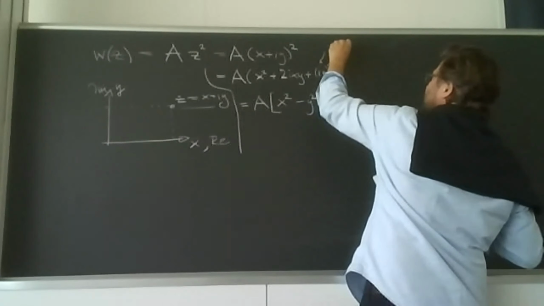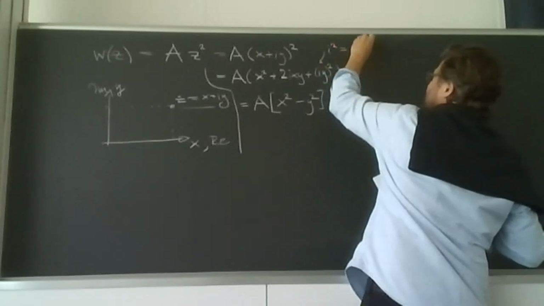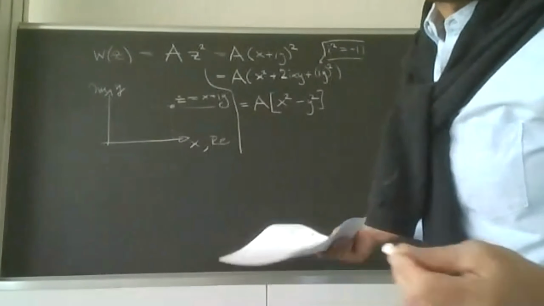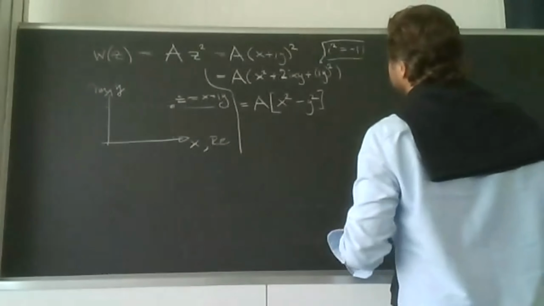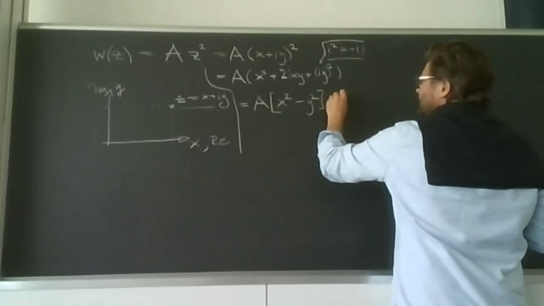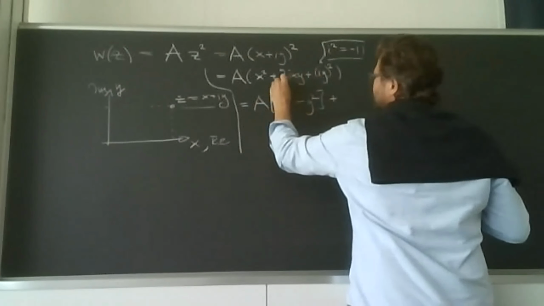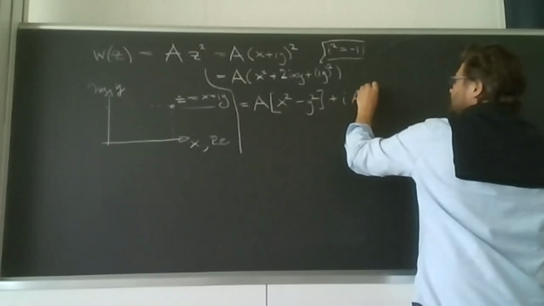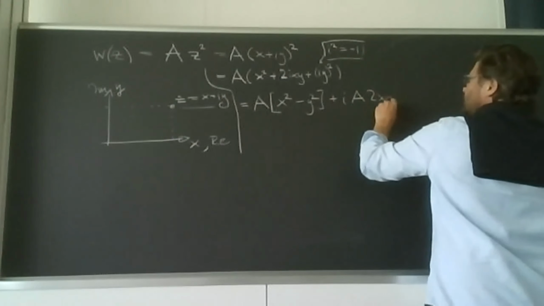This is the definition of the complex number. That's basic complex number theory. So the real part is A times (X squared minus Y squared) plus, now we take this term here, i times A times 2XY.